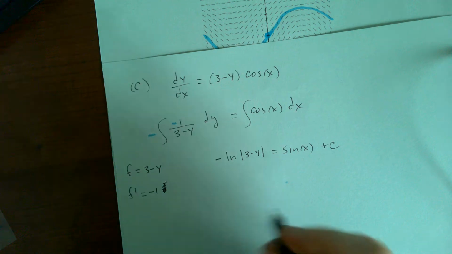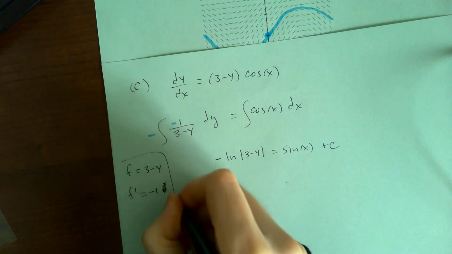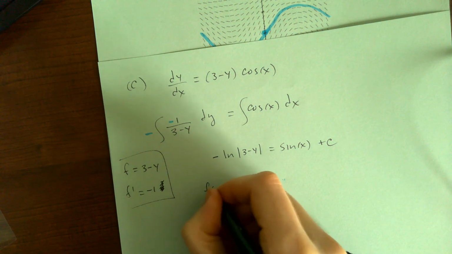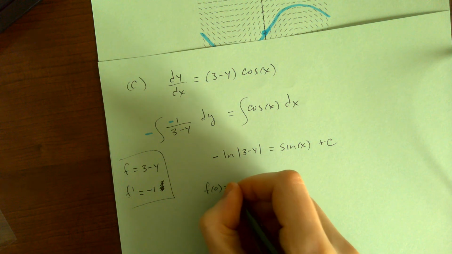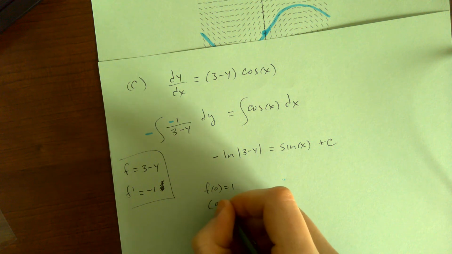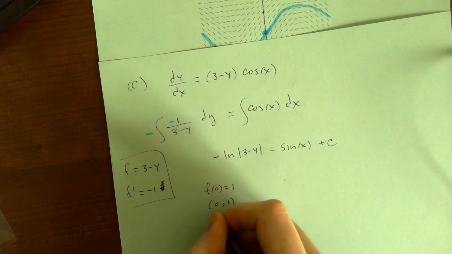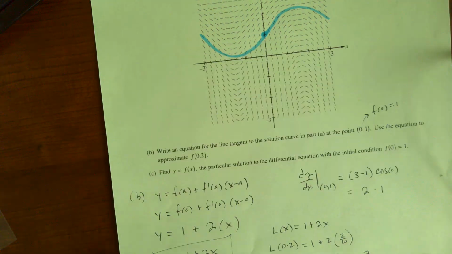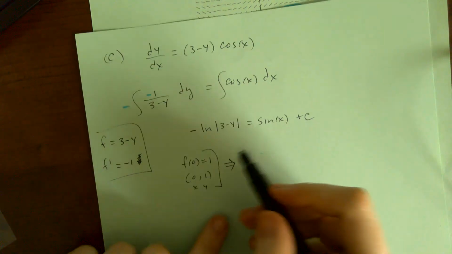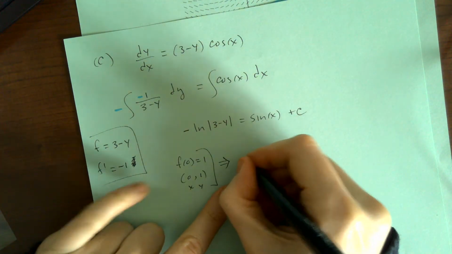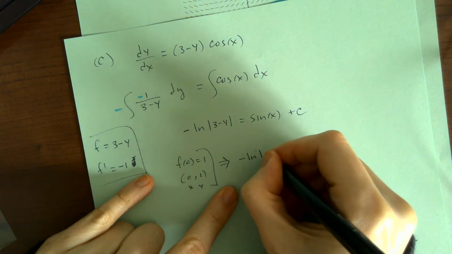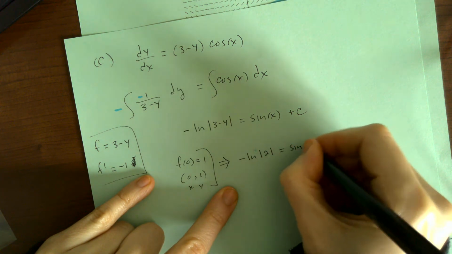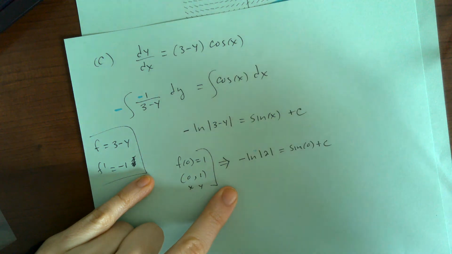Now we've got to find c. So you're going to use the initial condition. If we know f of 0 is 1, that means we have this point here. Now I plug into this up here. So this is negative natural log absolute value of 2 equals sine of 0 plus c.